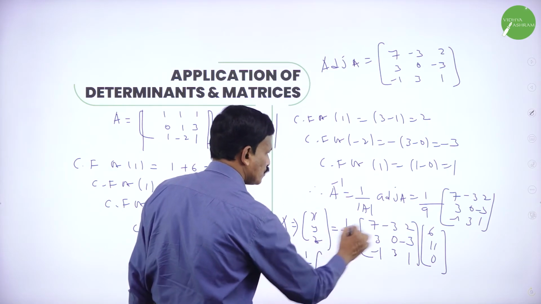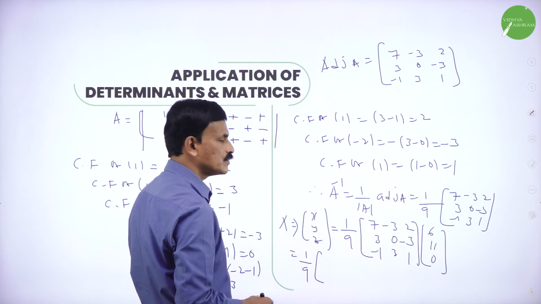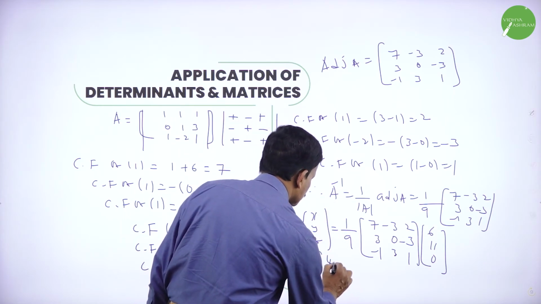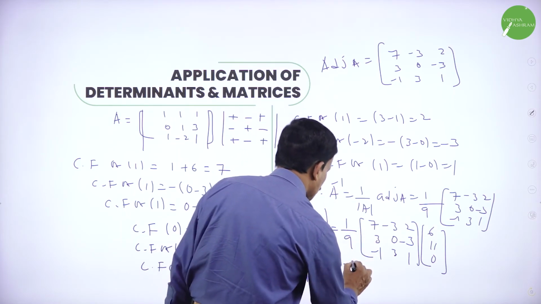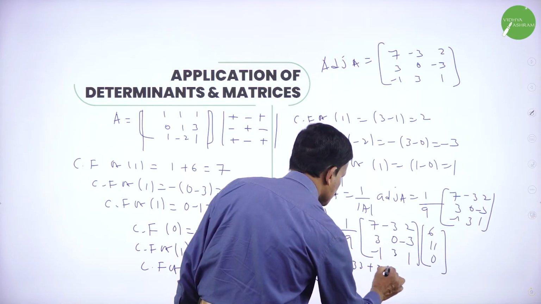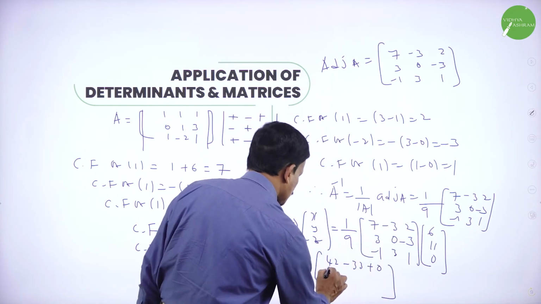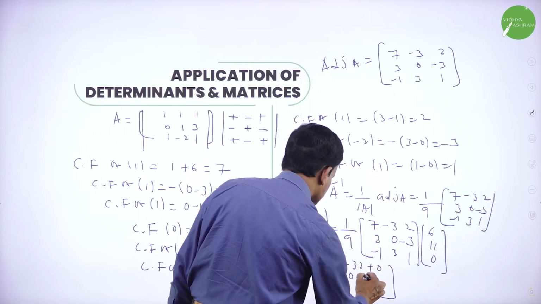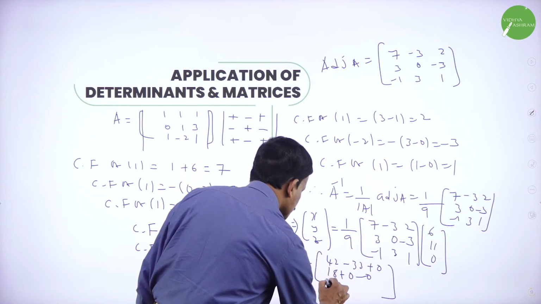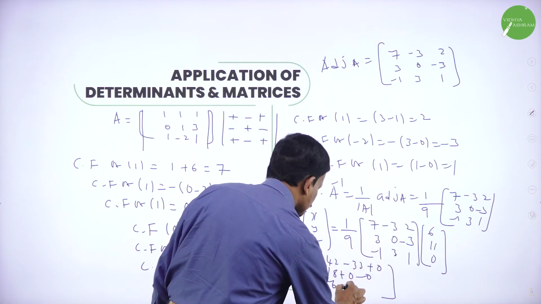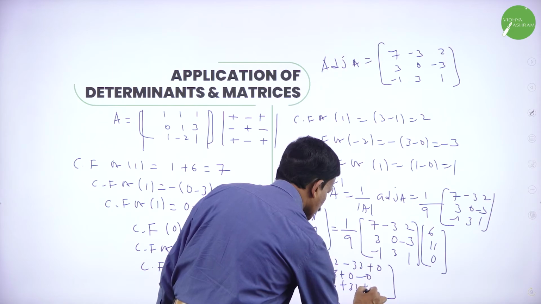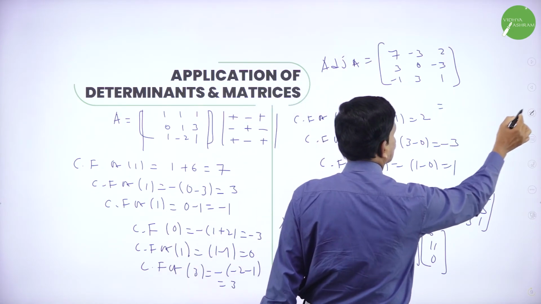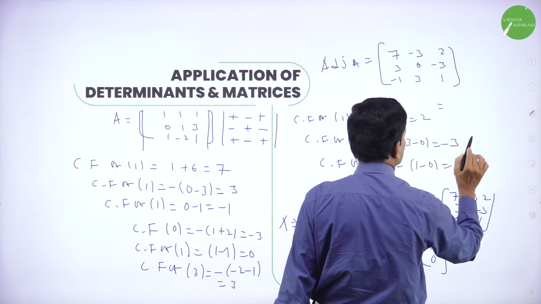1 over 9 into first row: 7 6s are 42, minus 11 3s are 33, plus 0. Next 6 3s are 18 plus 0 minus 0. Again 1 6 is 6 plus 11 3s are 33 plus 0. So, what you will get? I will change the pen.